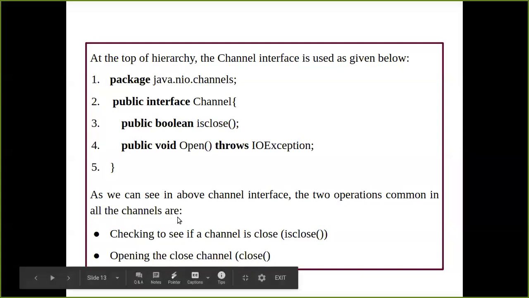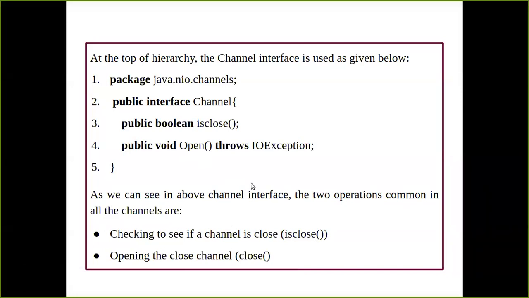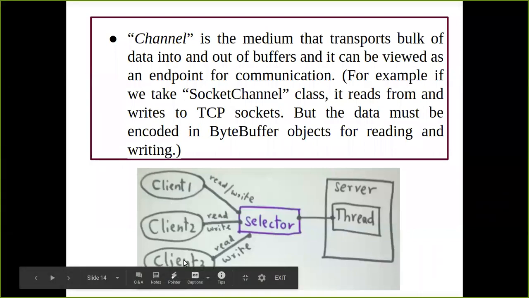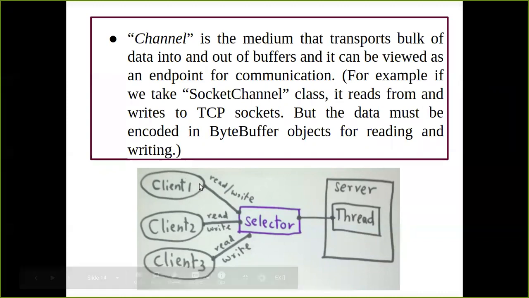Now the open method is going to help me open the channel for communication between your client and the server. How is your channel going to work? Here are all our clients, and this is your server, which has a single thread, and I'm going to have a channel.